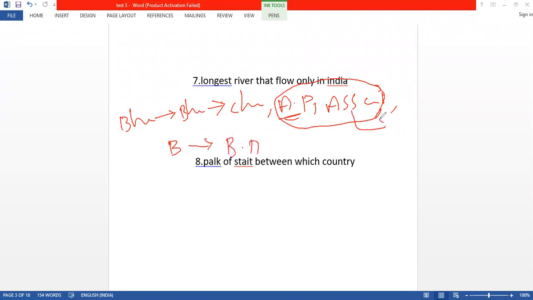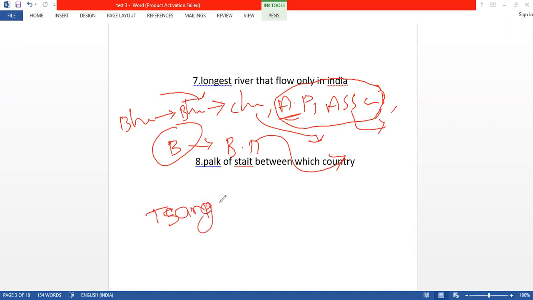What is it called in Assam? Tell me friends, what is it called in Tibet, where it originates? What is it called in China? What is it called in Bangladesh? What is it called where it meets the Bay of Bengal? These are important. Let me give. This is called Sangpo. Spelling you see, Sangpo in Tibet.